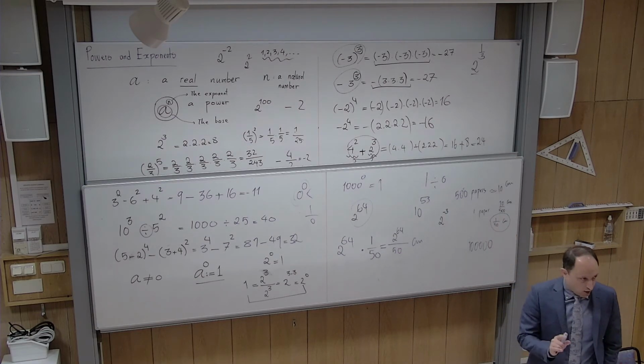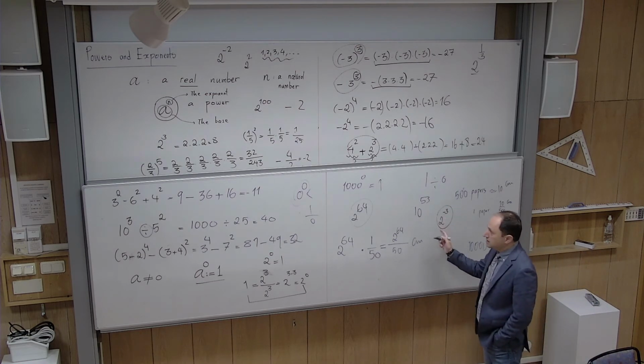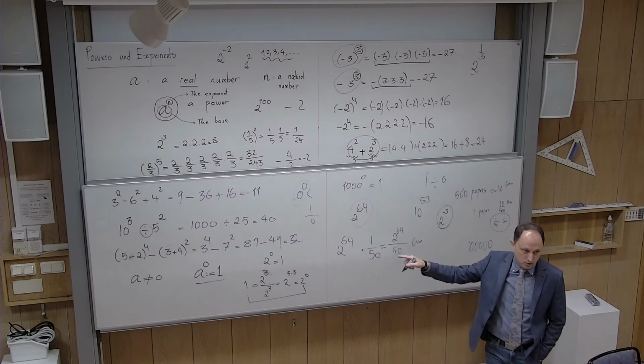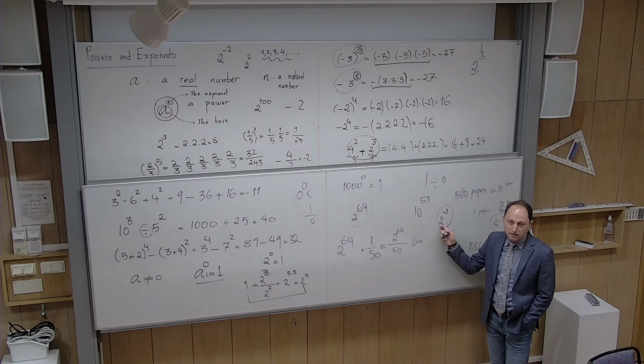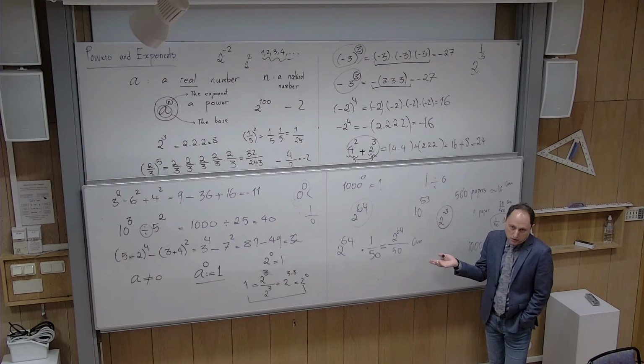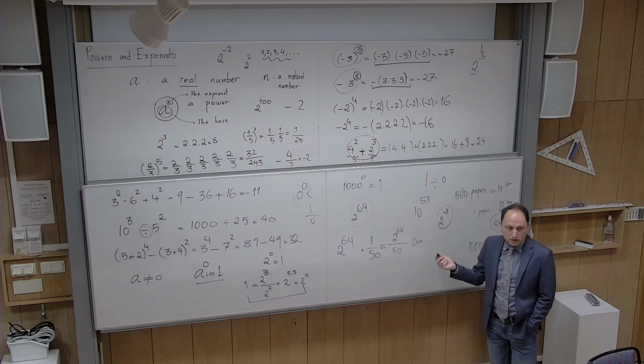I hope this is clear: you cannot do this in the same way that I started the lesson today. You cannot say that I multiply 2 by itself negative 3 times. It is nonsense. But if you take this in your calculator, you will get an answer.